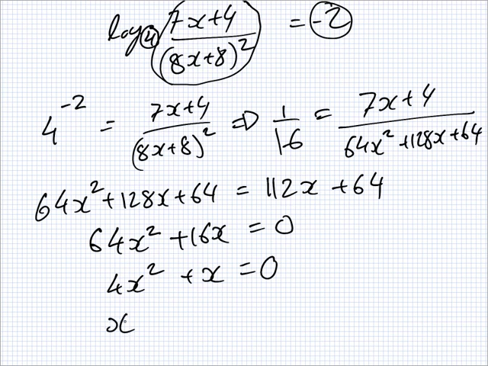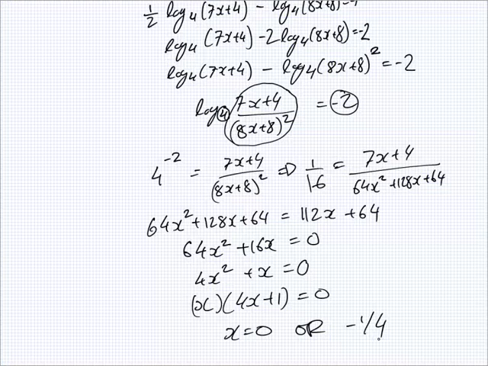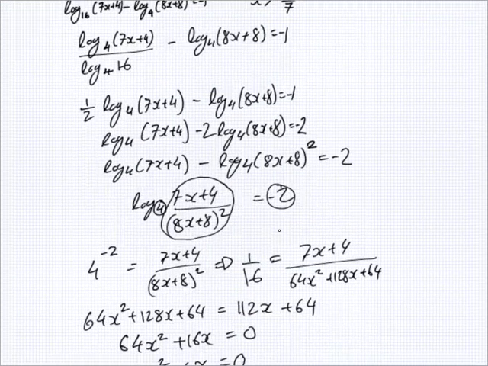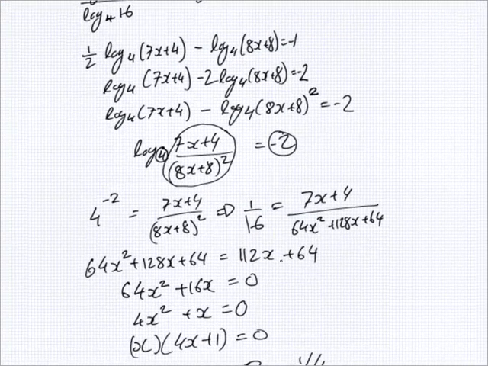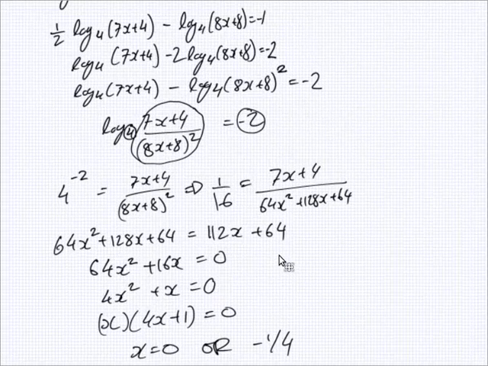Take out the x, I think. So that's 4x plus 1 equals 0. Then x equals 0 or negative 1 over 4. Now, are both answers acceptable? X needs to be bigger than minus 4 over 7, which is about minus a half. Yeah, both are fine.